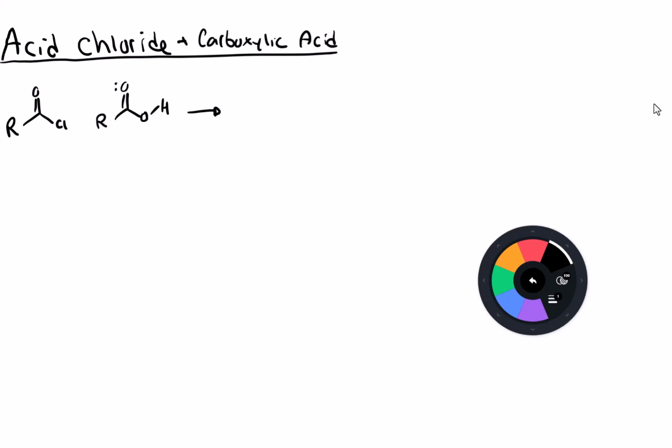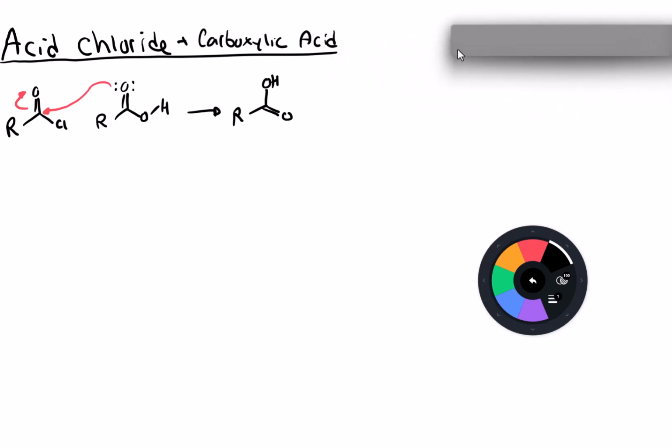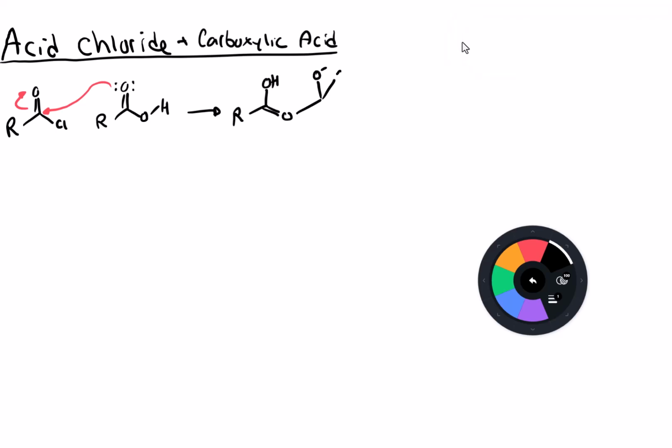When this reacts with our acid chloride, it turns out that the carbonyl probably is more nucleophilic than the OH of our carboxylic acid. And so the resulting structure, turning around that carboxylic acid, looks something like this. So there's your tetrahedral intermediate and your carbonyl with a plus charge.